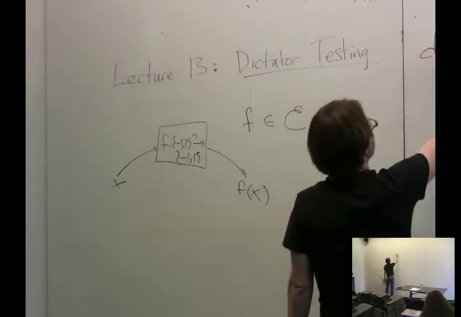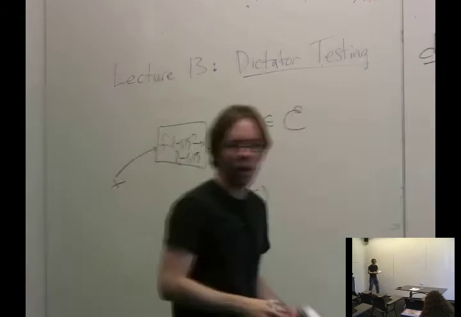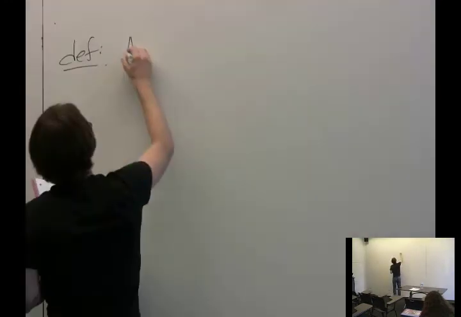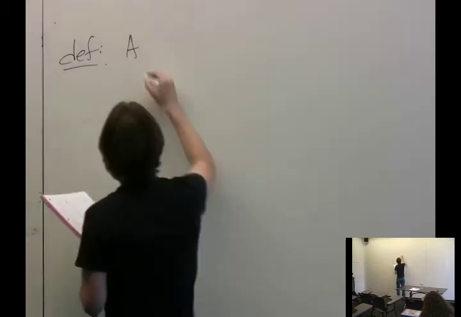The first one will just be our definition of what a property testing algorithm is. There are a few variants that you could imagine here, so I make this definition so that we can fix on some conventions.